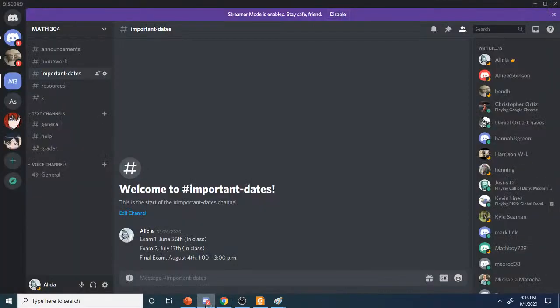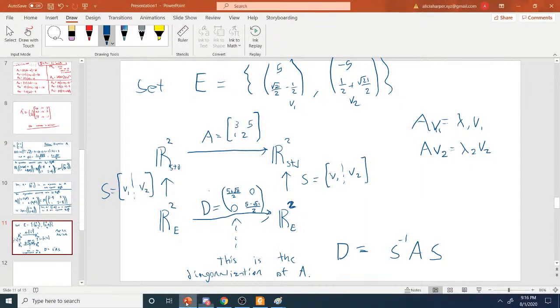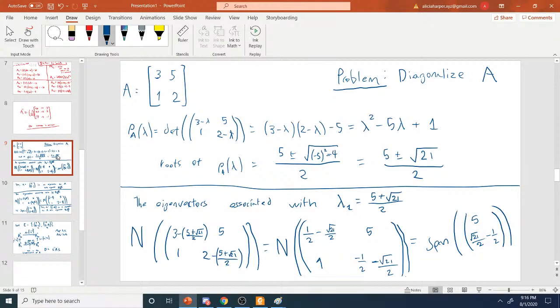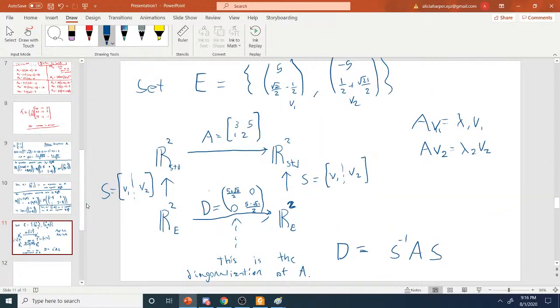So you should think of diagonalization as a technique to take an arbitrary matrix and find a basis such that it looks like this, which is to say the only non-zero entries are along the diagonal. All right, so that completes this problem.